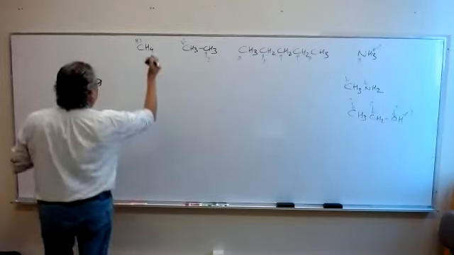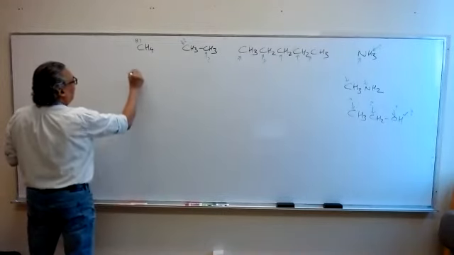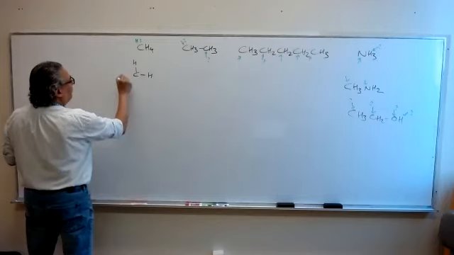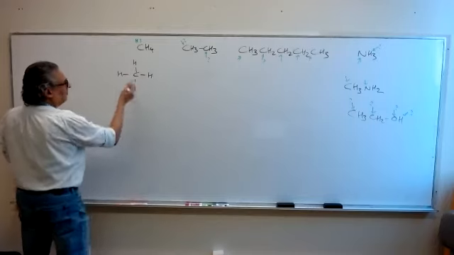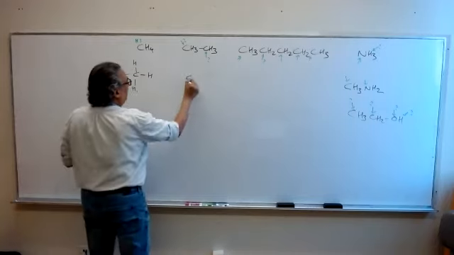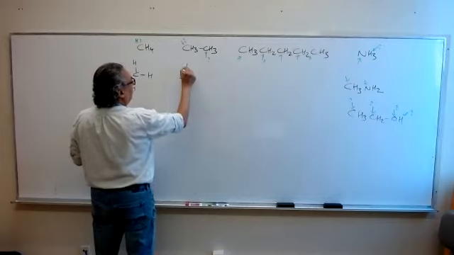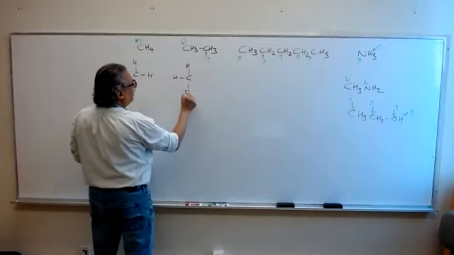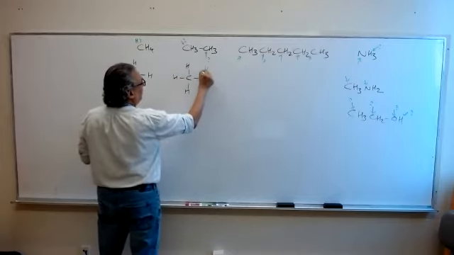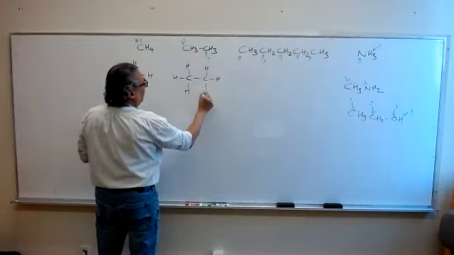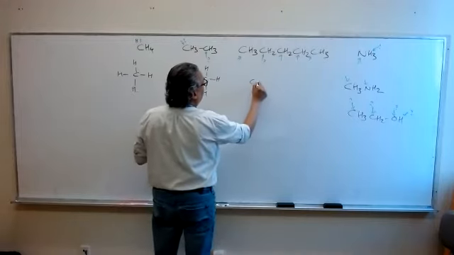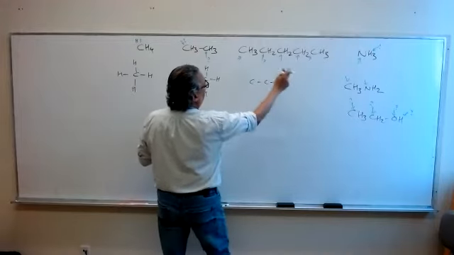What does it look like? Let's break it down. That's how this guy looks. What does it look like? Well, it looks like this. It's the next alkane. It looks like this. Okay. This guy, how many? 1, 2, 3, 4, 5.